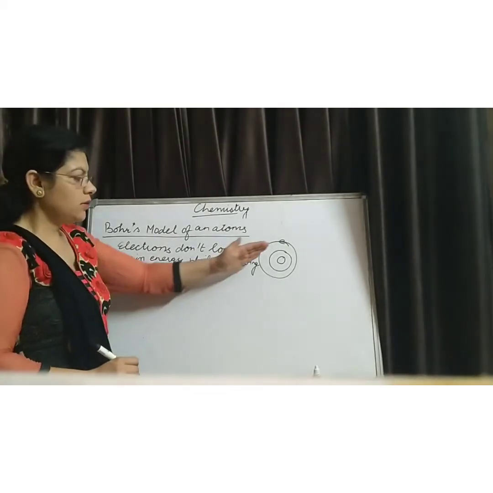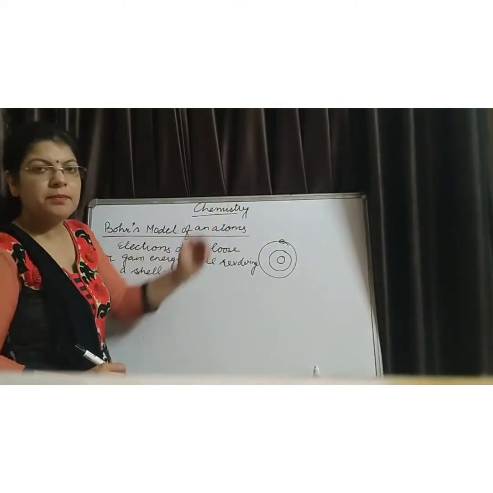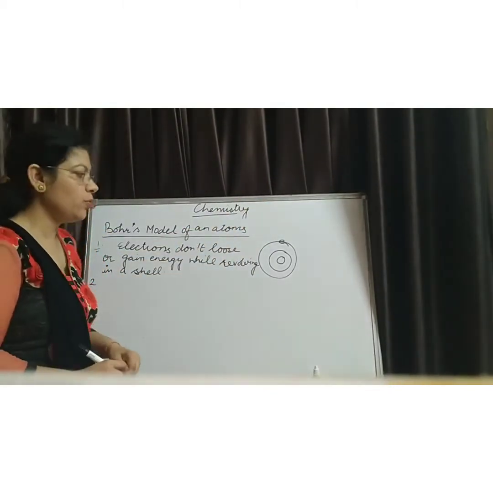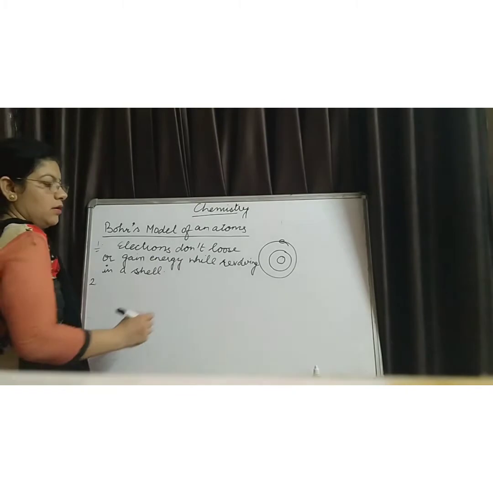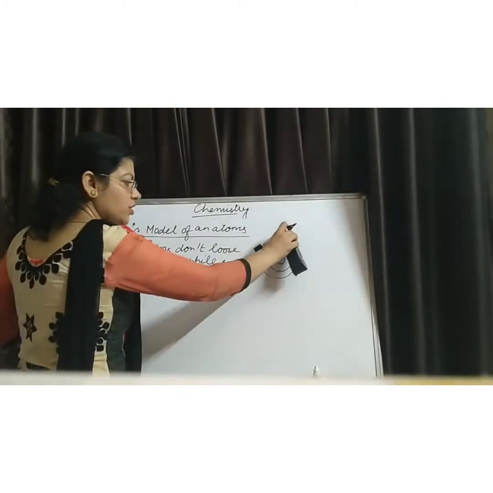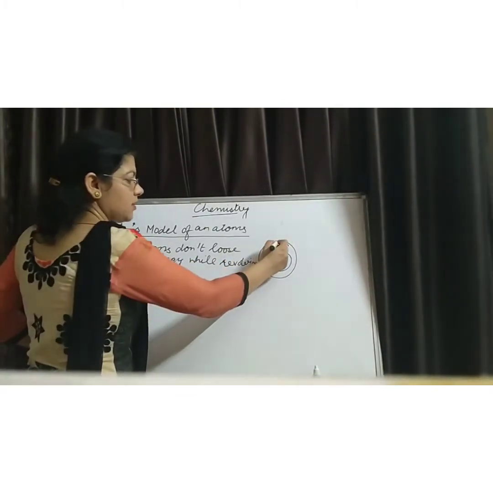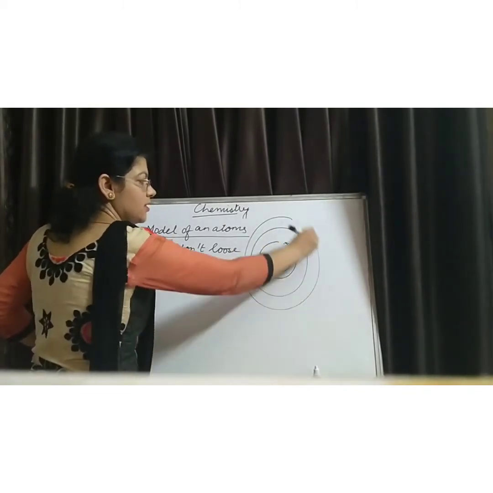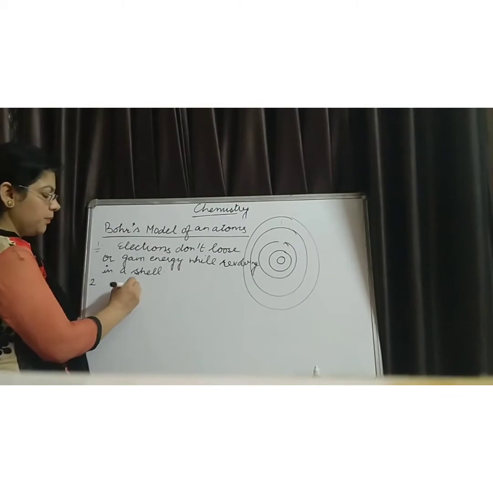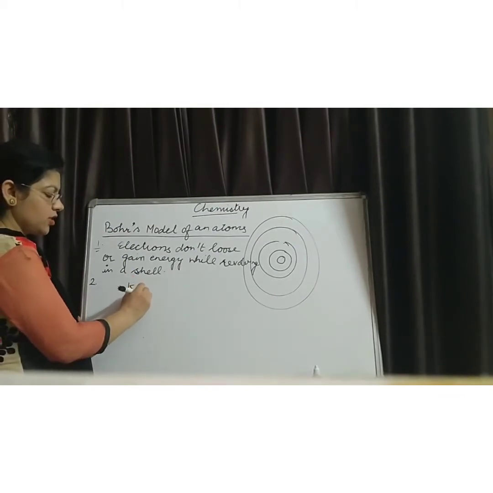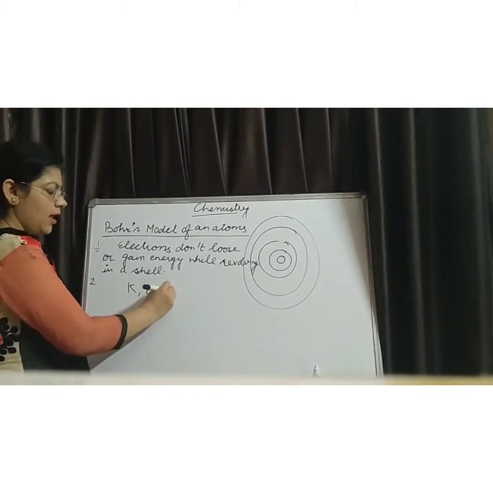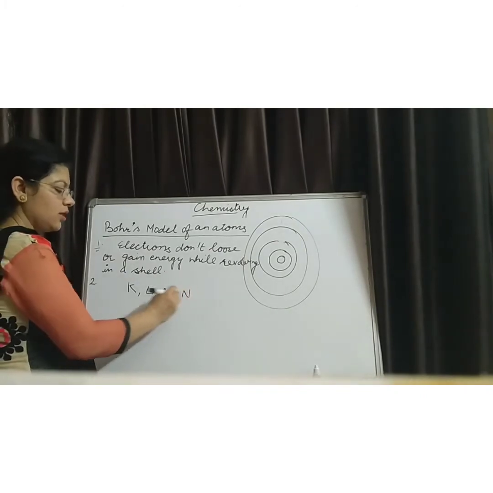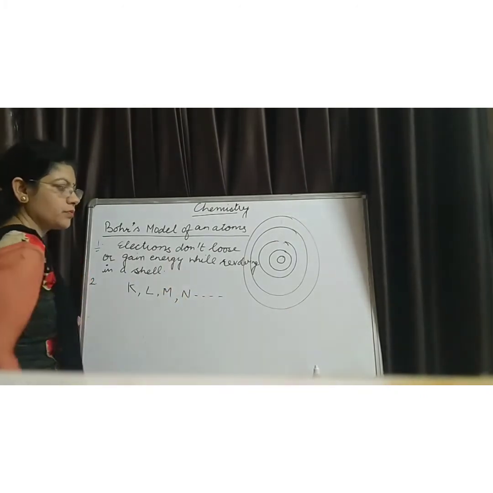Next point, there are different shells present around the nucleus. There are a number of shells present around the nucleus, and these shells are represented as K shell, L shell, M shell, N shell, and so on.